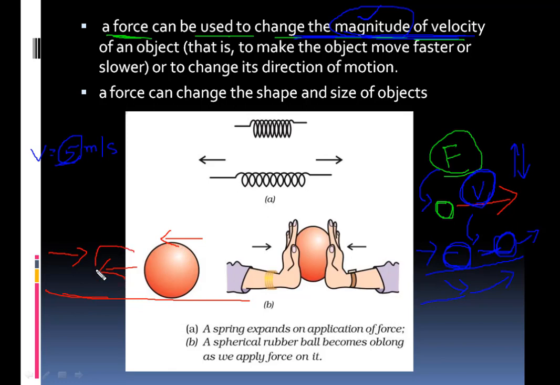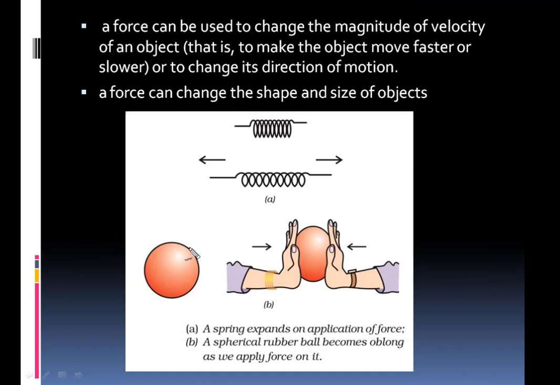If you want to decrease its velocity, that means to make it stop or to reduce its velocity, you'll apply a force to the ball in the opposite direction, so that the speed of the ball will decrease. That is to make the body move faster or slower, or to change its direction.